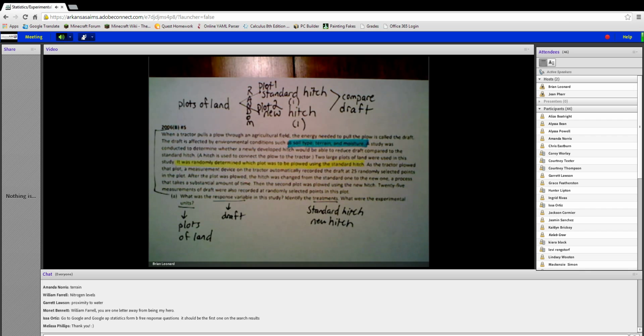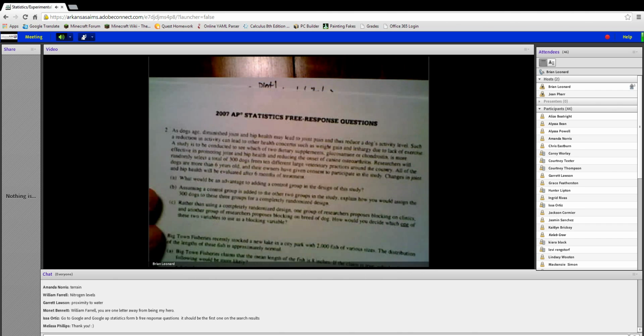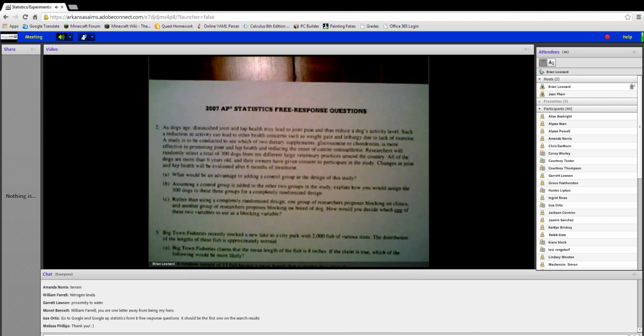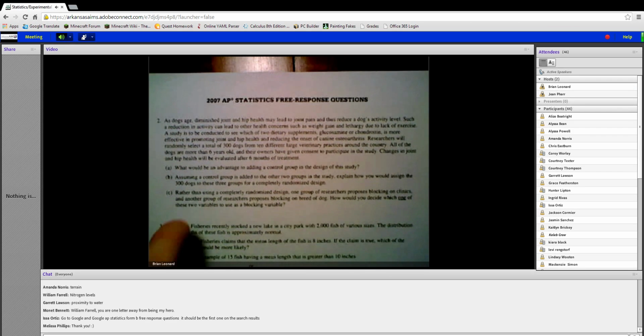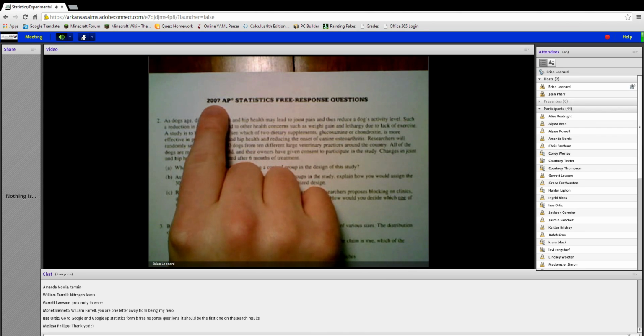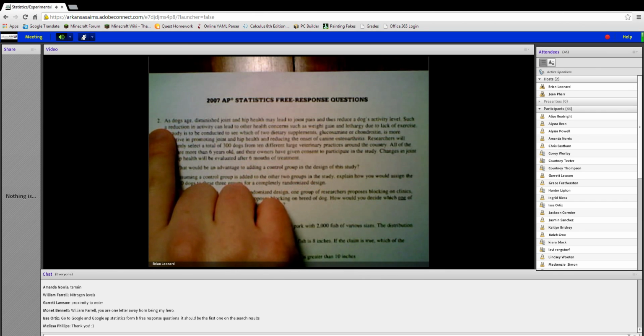All right, so let's go to one that's a little more, here's another good one, okay? So let's go to 2007, and if you don't have the packet, you can pull this problem up real quick. If you'll go to 2007, and it is problem number 2.